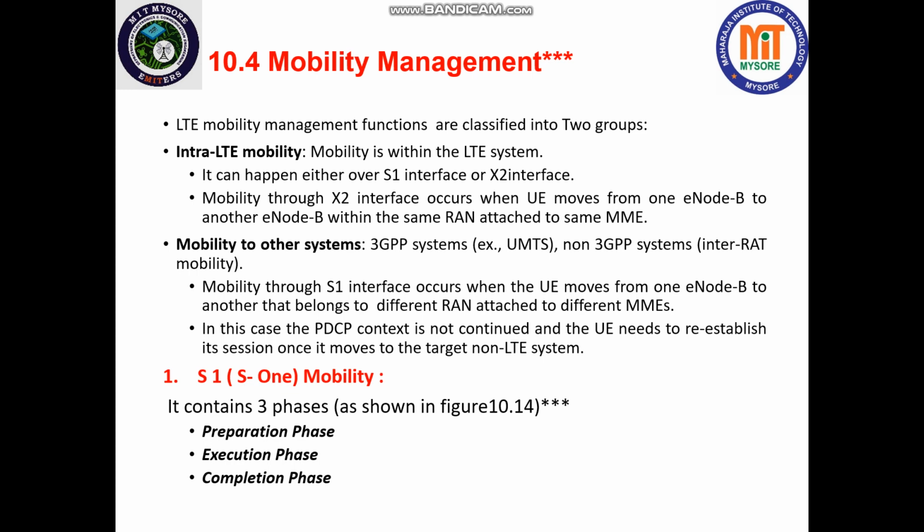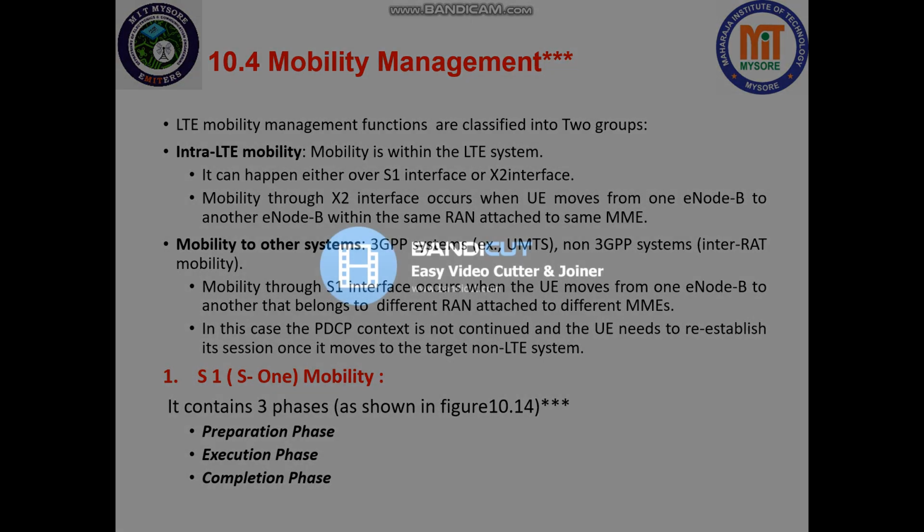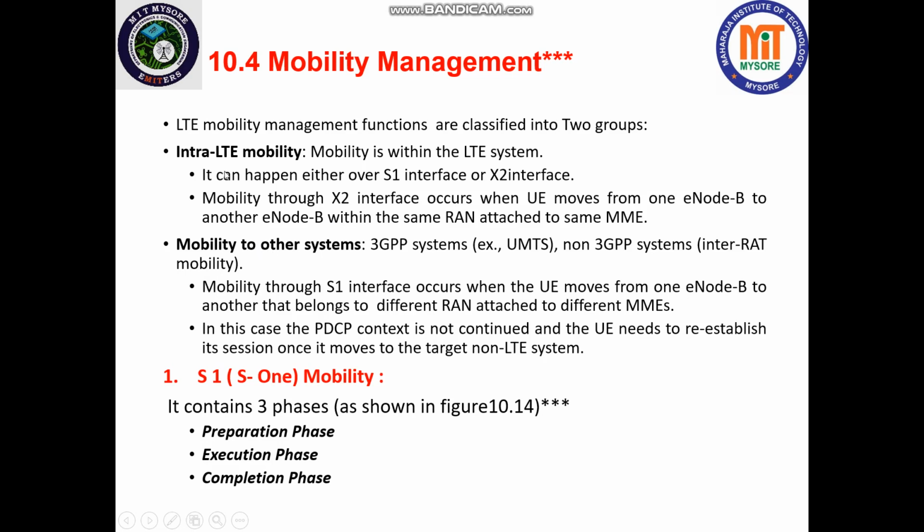The connectivity will be handled by the S1 interface because it deals with inter LTE mobility. So this is all about intra LTE. We are not going into other networks apart from 4G here.